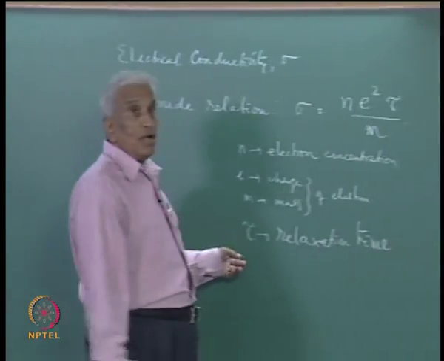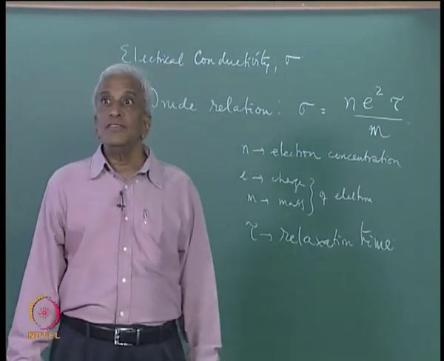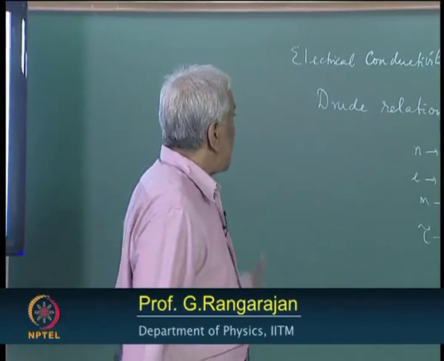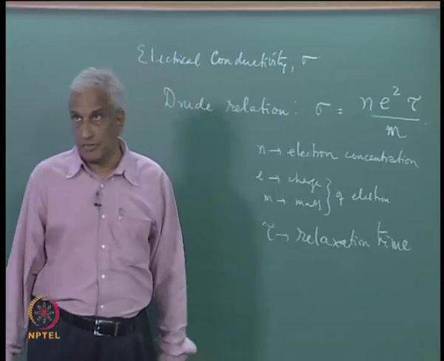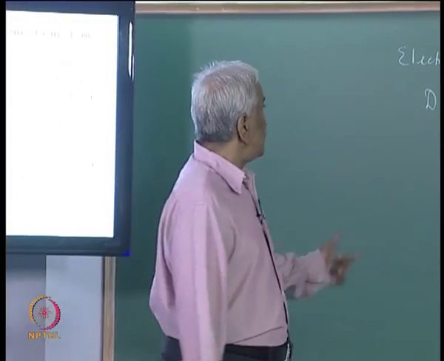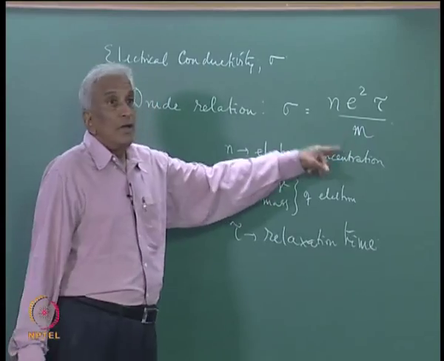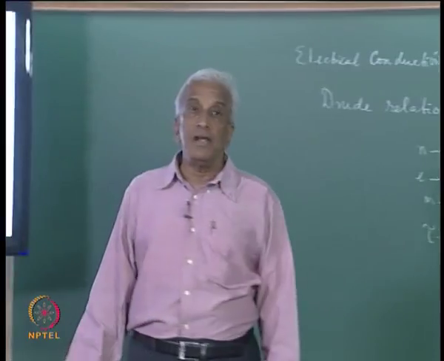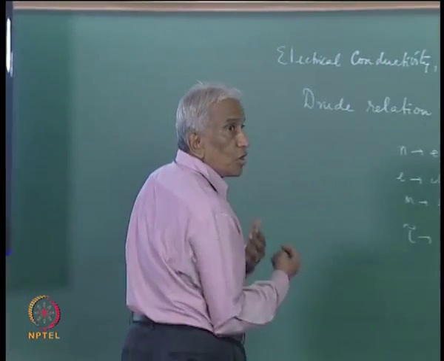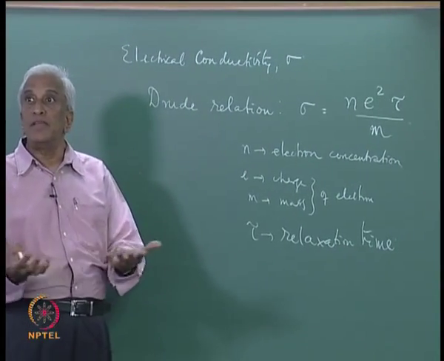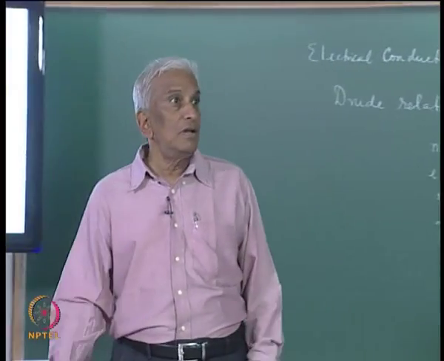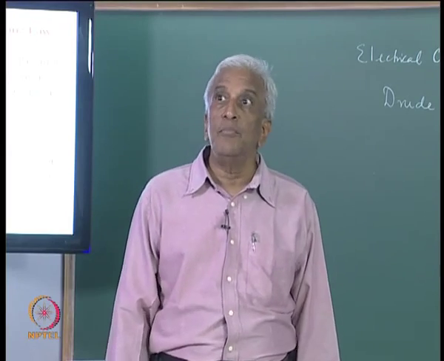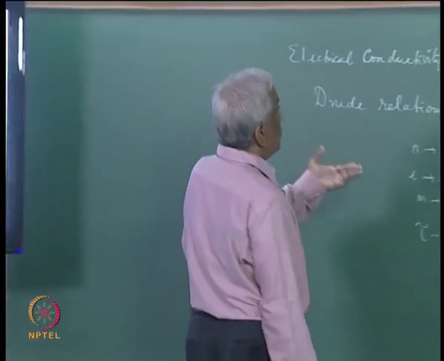So, this tau describes the process of relaxation, the characteristic exponential relaxation. It is the time constant of this exponential relaxation process. Now, obviously, e and m are constants, and the electron concentration in a metal is a constant more or less for a metal, because it depends on the atomic weight and the Avogadro number and the density.